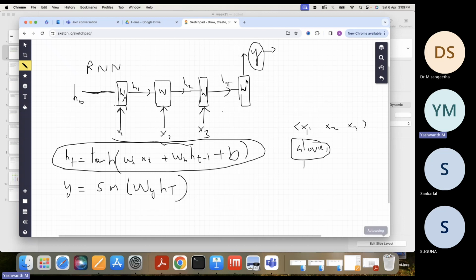I just picked one application where the architecture uses many to one, and the typical application is a rating and review, where you say movie rating, you talk some text about it, and you want to rate it from 0 to 5 or 1 to 5, whatever, and you just do it.